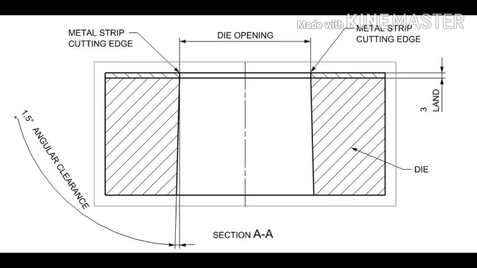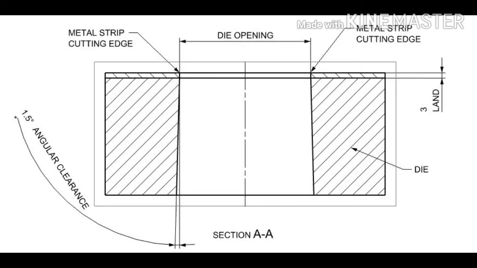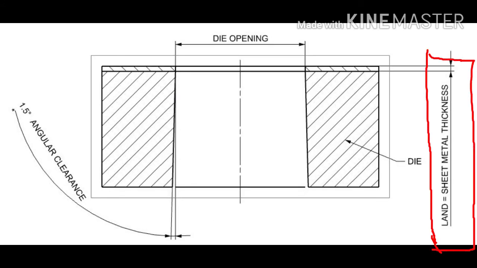To avoid this, the die wall is kept straight only up to a certain dimension from the cutting edge. The straight edge of the wall is called the land. Land is equal to the thickness of the sheet, or you can consider land equal to 3 mm for 3 mm of sheet, and for thicker material equal to the sheet thickness.